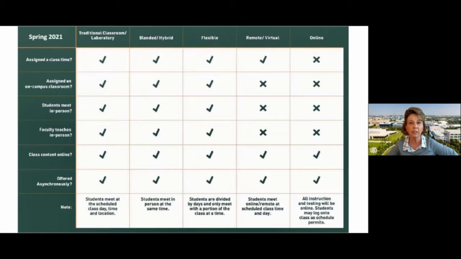The last modality is fully online. This means that your course has a section number that includes a W. So you want to know that that particular online option is fully online, always online, and totally asynchronous, meaning that that class is not happening at any particular scheduled time.